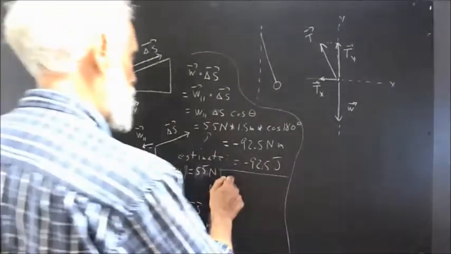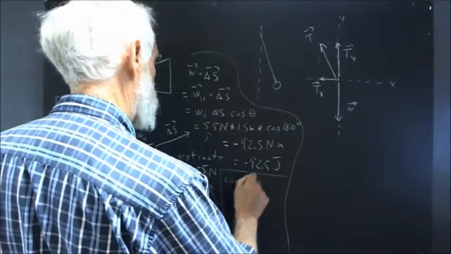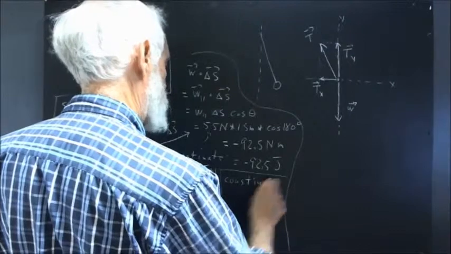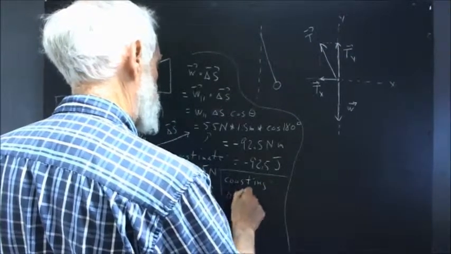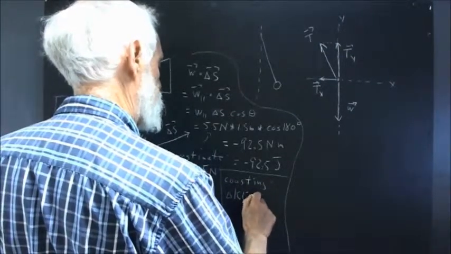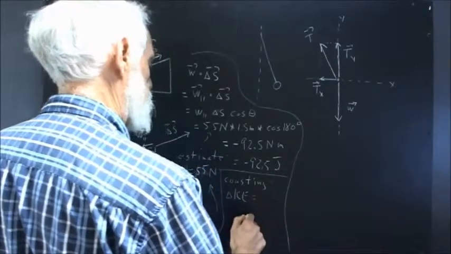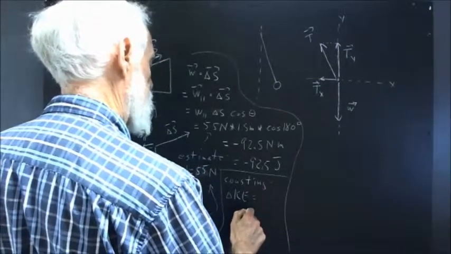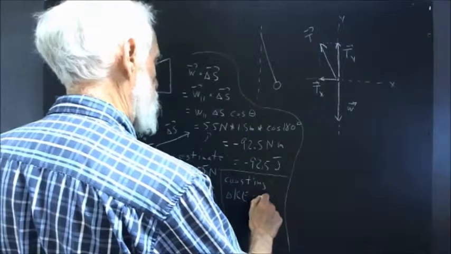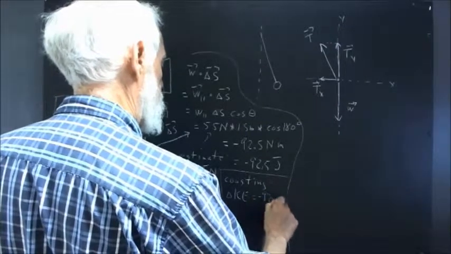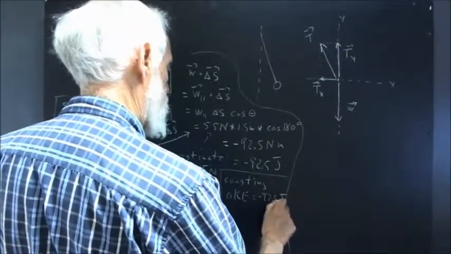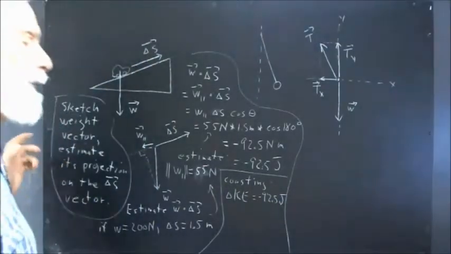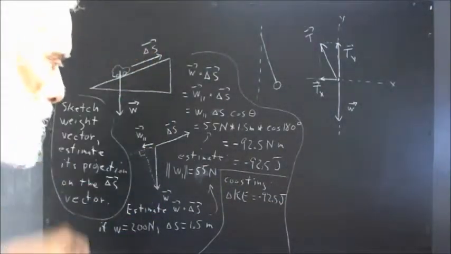So for a coasting car, delta KE would be 92.5 joules. That is, provided there's no other force.